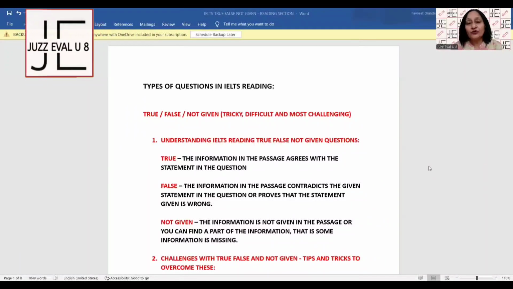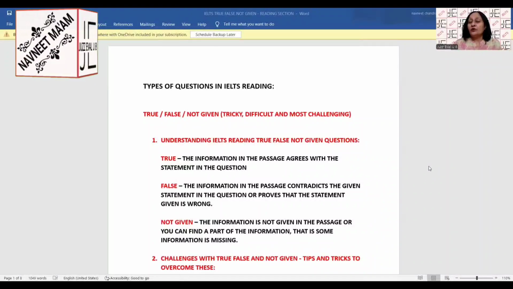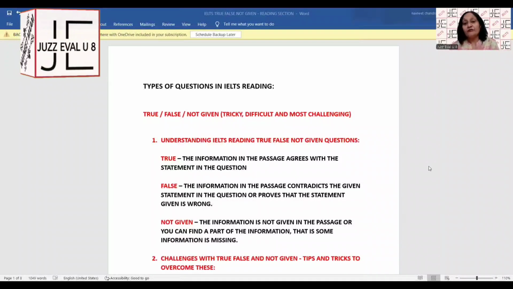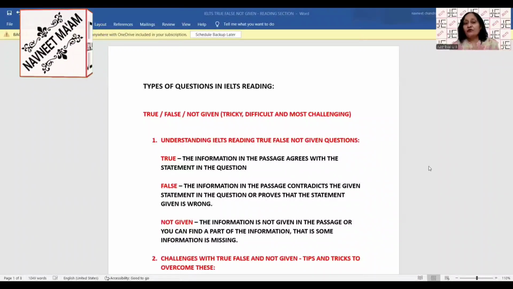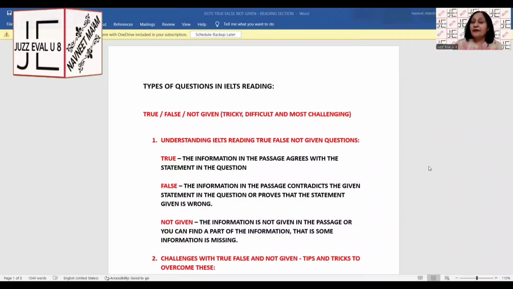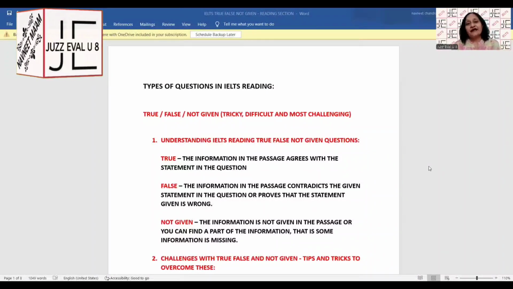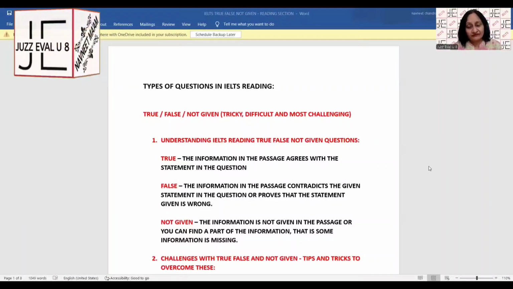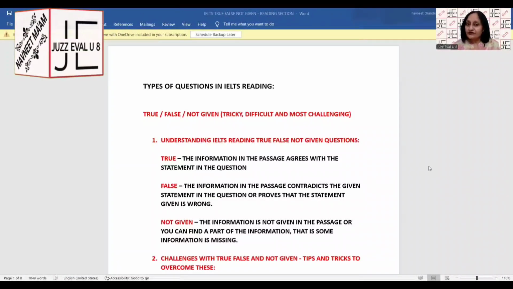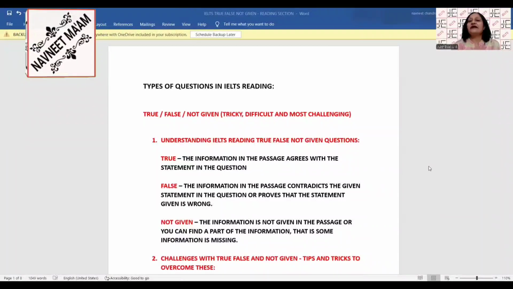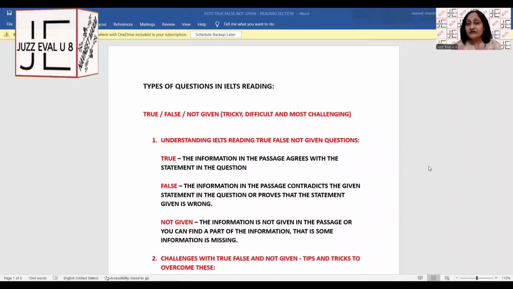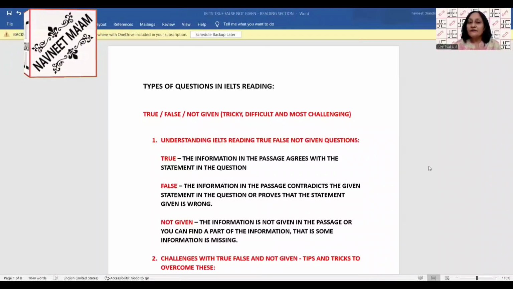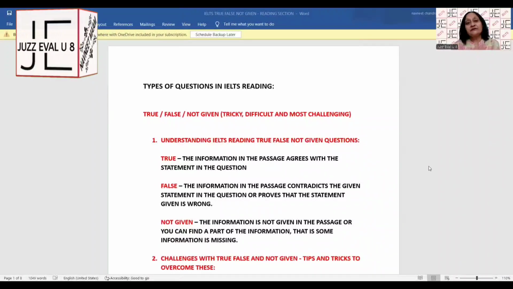So we have to look out for such words as only, first, second, never, most, where, or the best. And if such words are missing in the passage, then it is obviously not given. So, not given is when either the entire information is different than what is given in the passage or a part of it is missing.